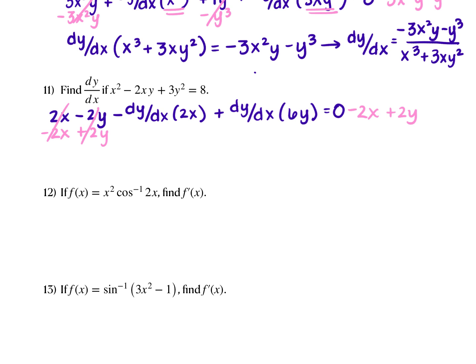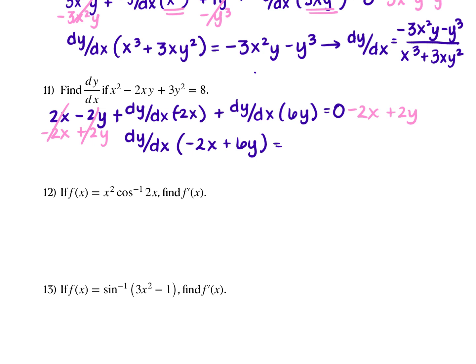So I'm going to put a negative in here and make this a positive. It's okay, you can put it either place as long as you don't have it in both, right? But I want to be able to say that this side is dy dx, and then say what's left over. And this first one would be a negative 2x, and then I have a positive 6y.